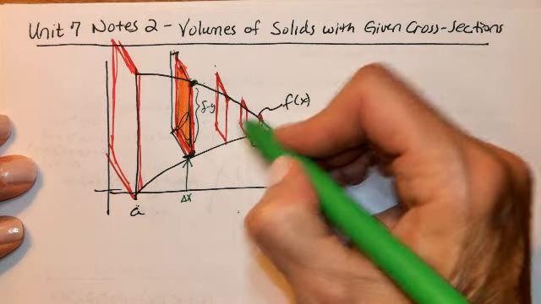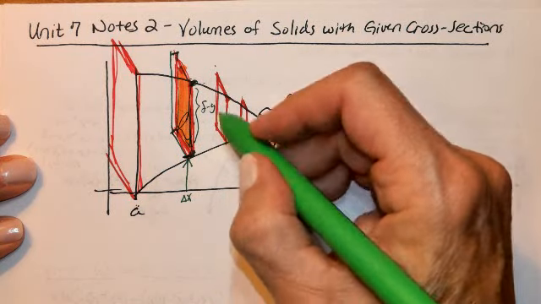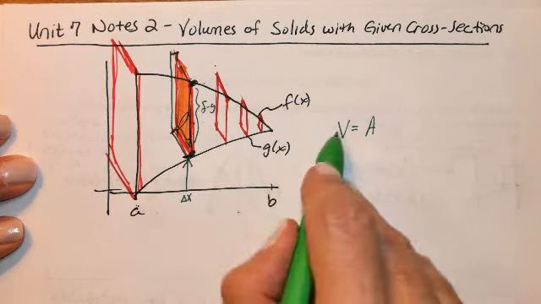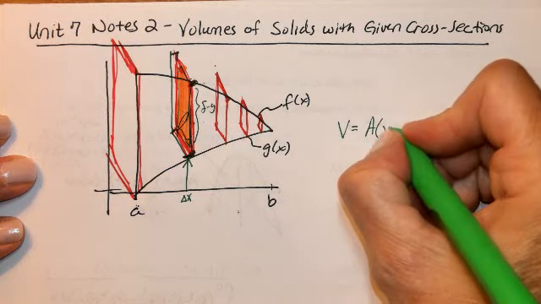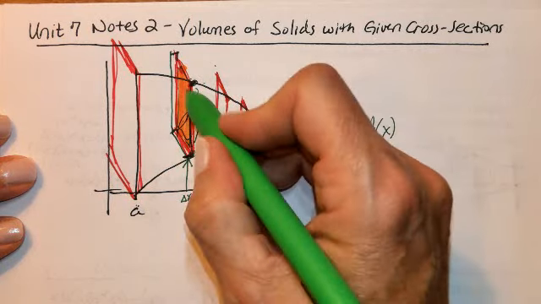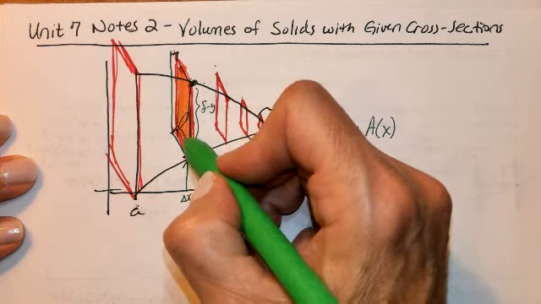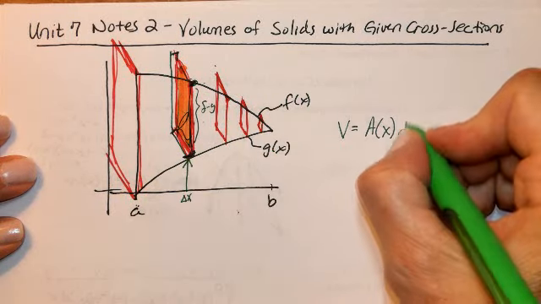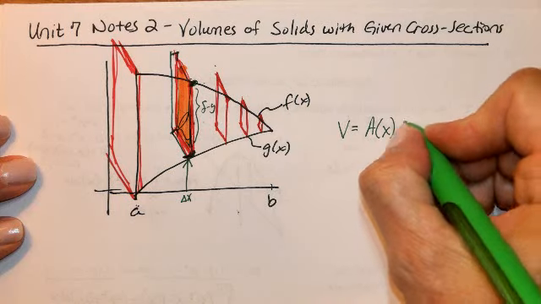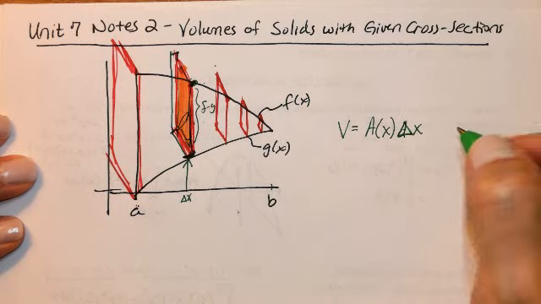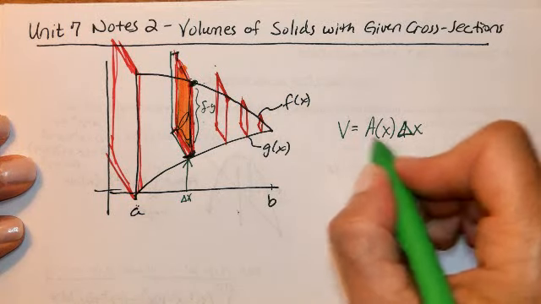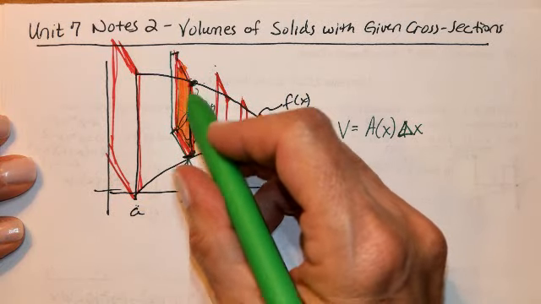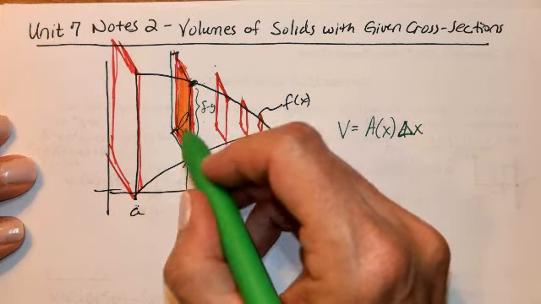Top curve minus bottom curve, f minus g. So that has x's in it. So the volume would be the area of that cross-section times the height of that little prism, which is delta x, right? That's the volume of one slice.